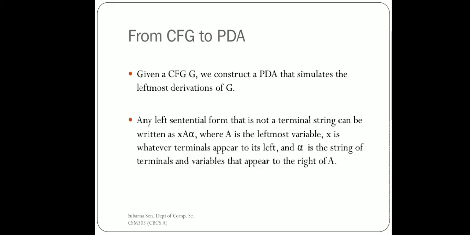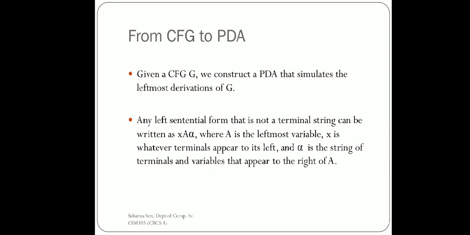Firstly, we will start with the CFG, or context free grammar, and move to its equivalent PDA. Then we will see the reverse process: if a PDA is given, how we can generate its corresponding grammar.